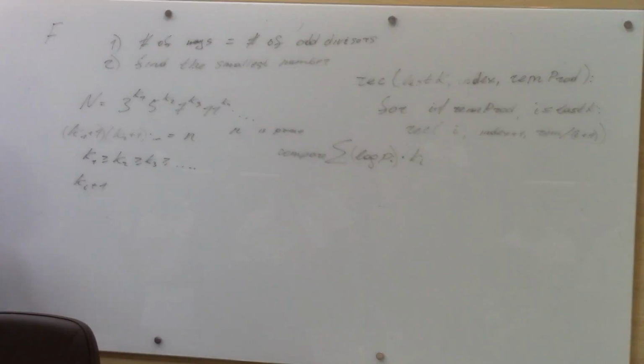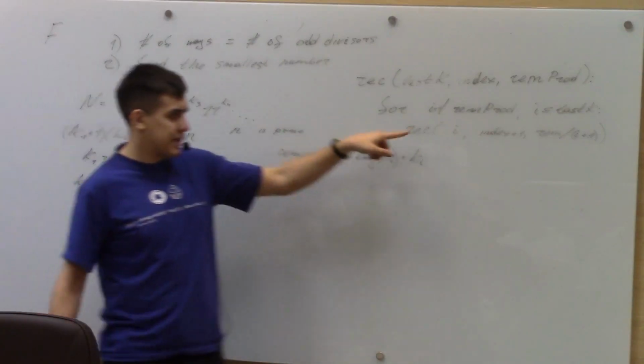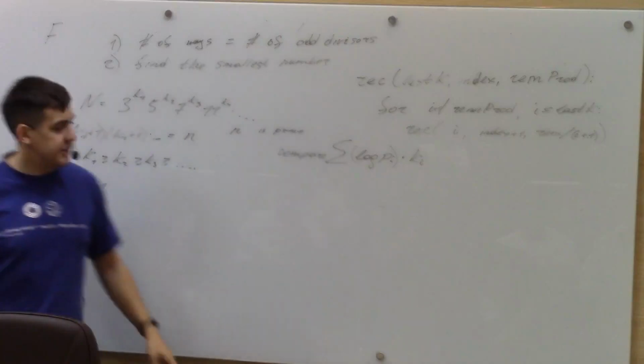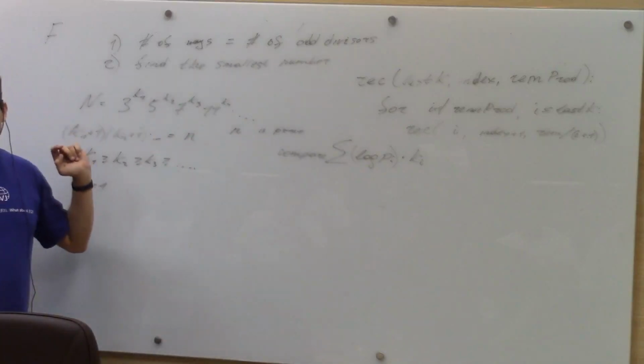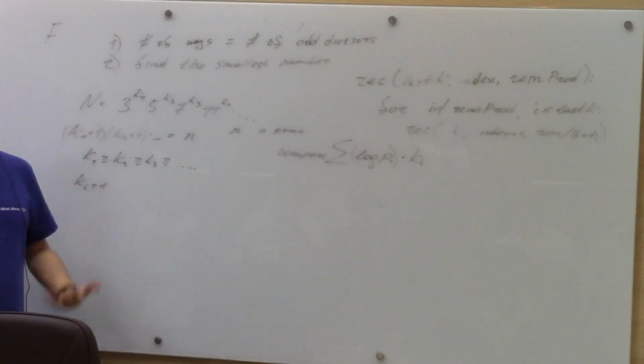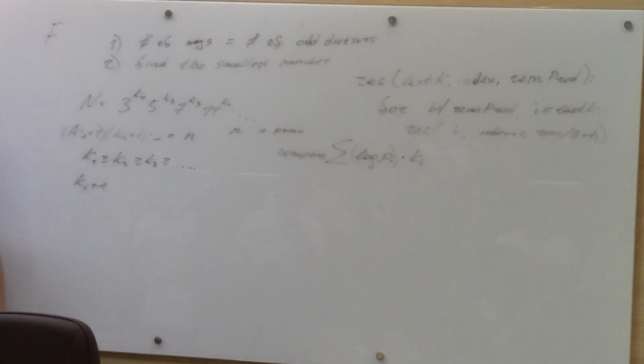And of course, to optimize this, you need to pre-calculate all the divisors of n, so you don't factorize n at each recursive call, but instead you just run over all possible divisors there are. Okay, any questions?